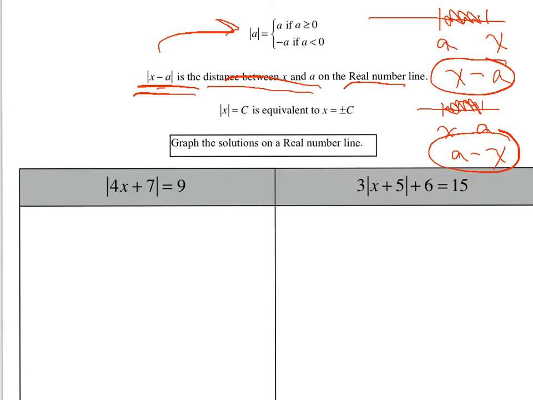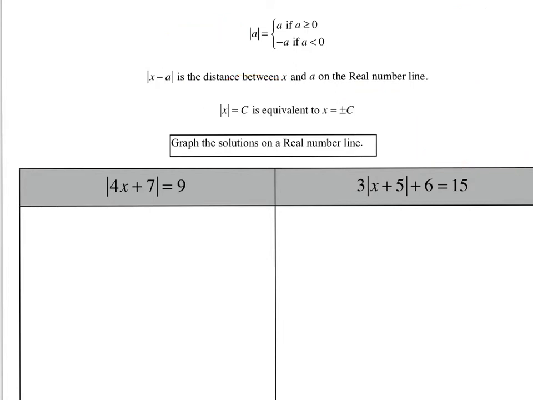The final thing you need to understand about absolute value is how to convert an absolute value equation and remove the absolute value symbols. So we have this type of equation, which is a sort of standard form. If you have the absolute value of an expression or a quantity x equal to c, it means the same thing as x is equal to plus or minus c.